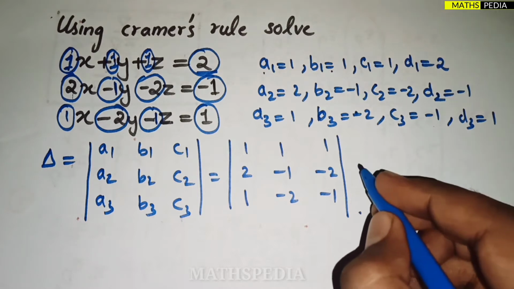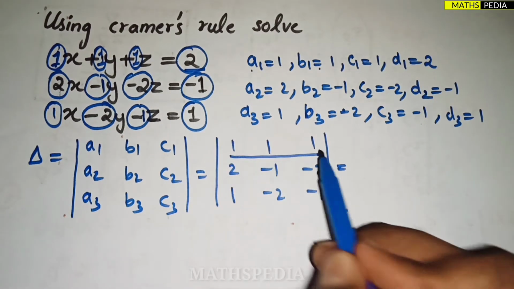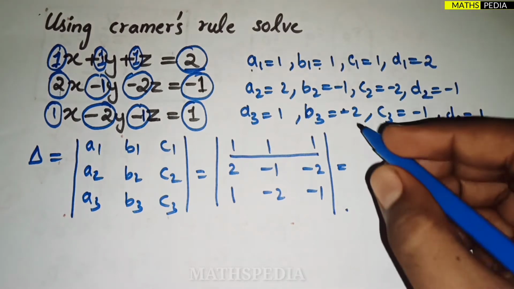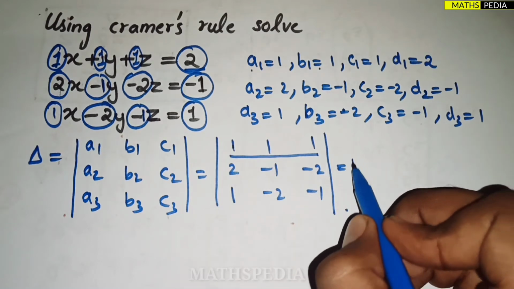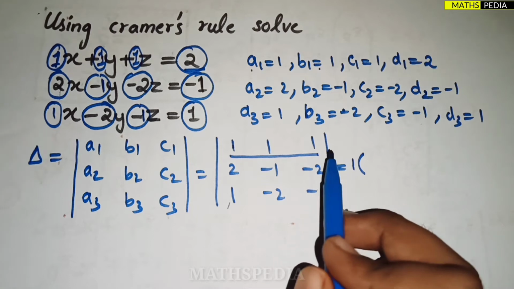Now we have to find the determinant of this. I'll expand through the first row. You can do it in any way, any row, any column. So 1 into, leaving this row and column, I hope you know how to find the determinant.